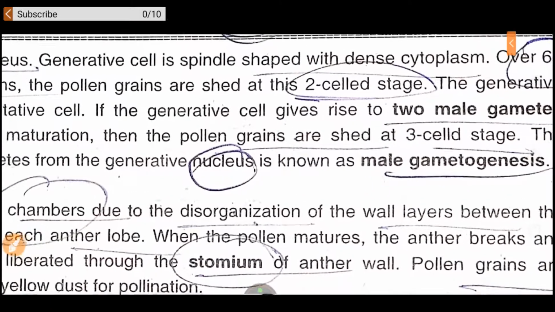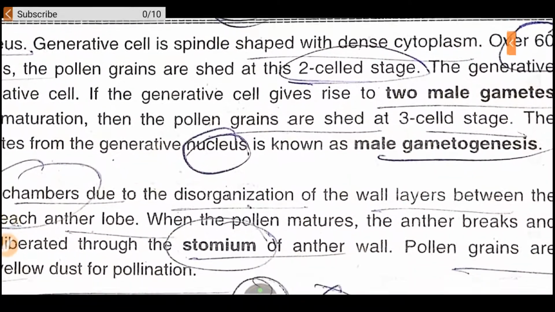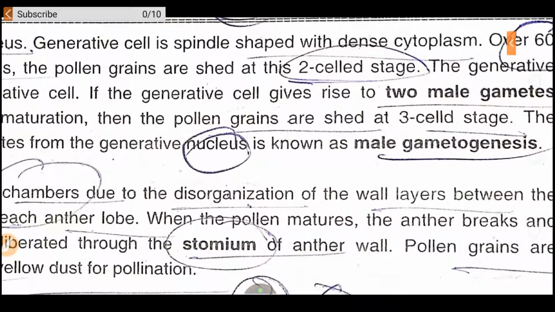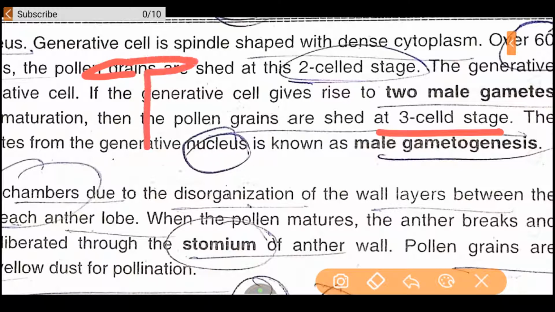But 60% of the angiosperms shed the pollen grain at the two-celled stage. But they will form the three-celled stage when the pollen grain, upon reaching the stigma, has the intine give out the pollen tube through the germ pore.